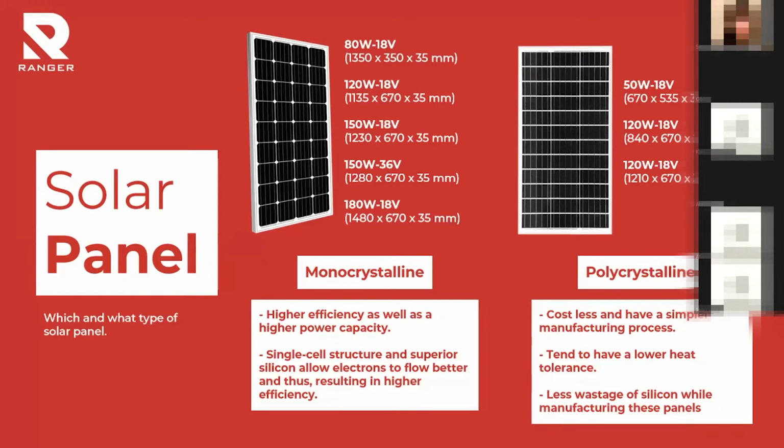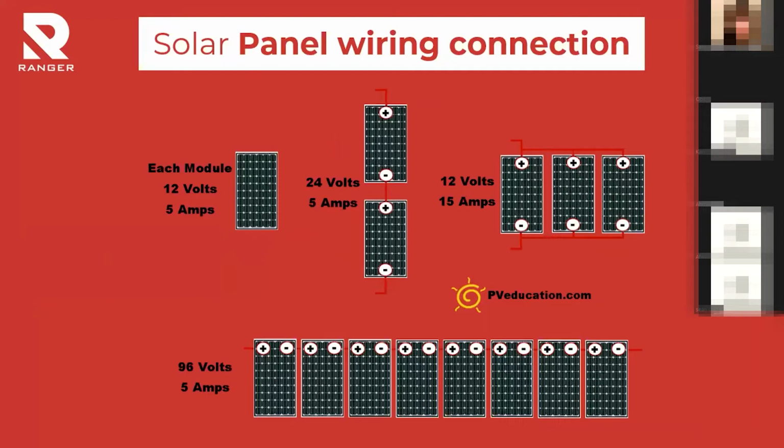Okay. Next, we go to solar panel wiring connection. Okay, so for example, this is the solar panel. For one solar panel, it has 12 volt and 5 ampere. The connection is series and parallel. The difference between series and parallel connection is output voltage and output current.